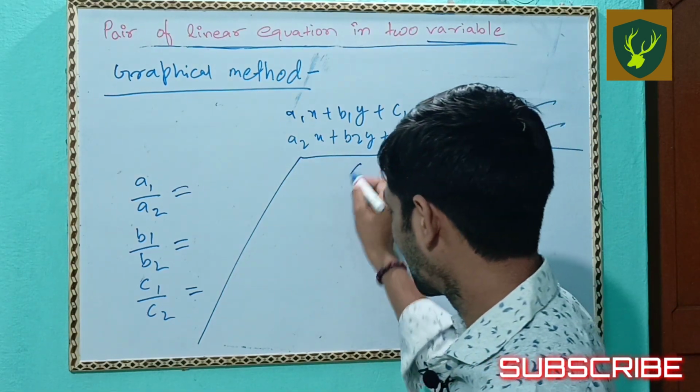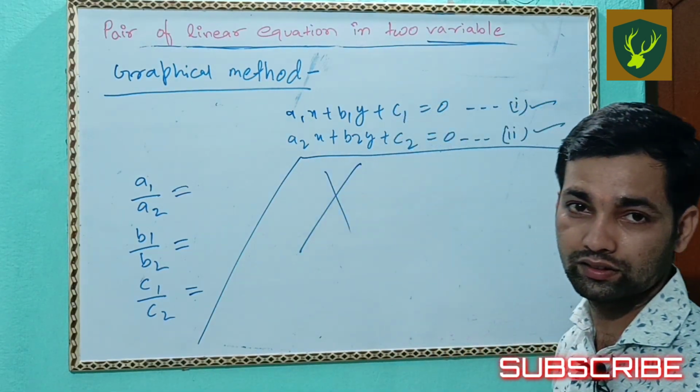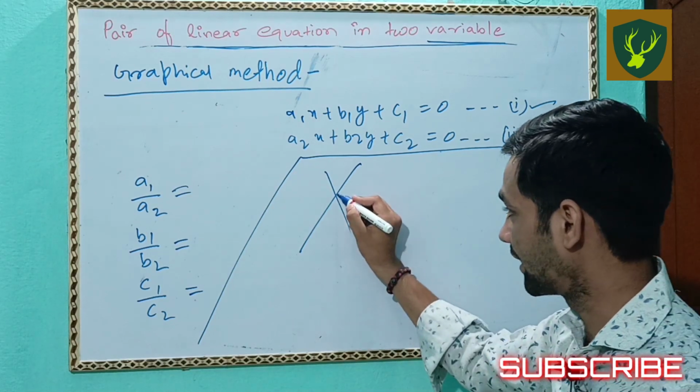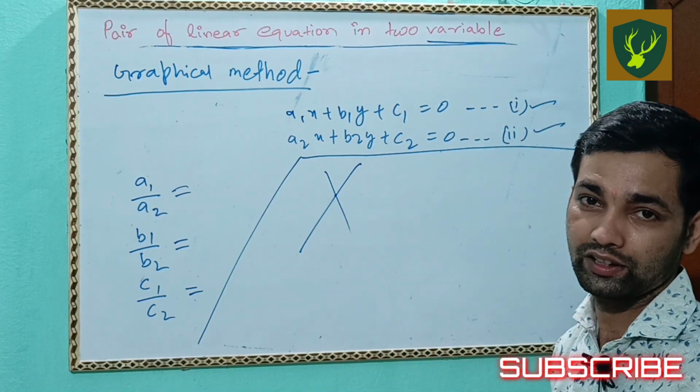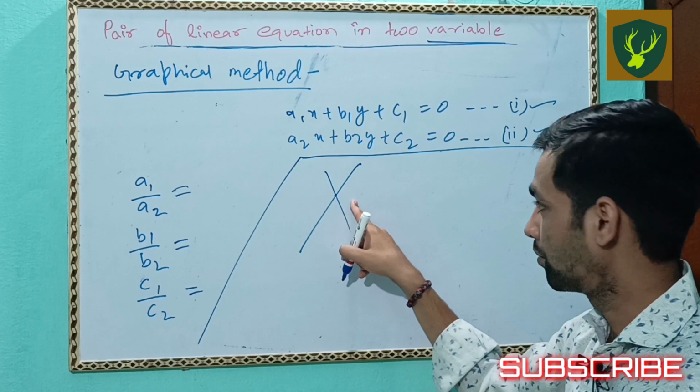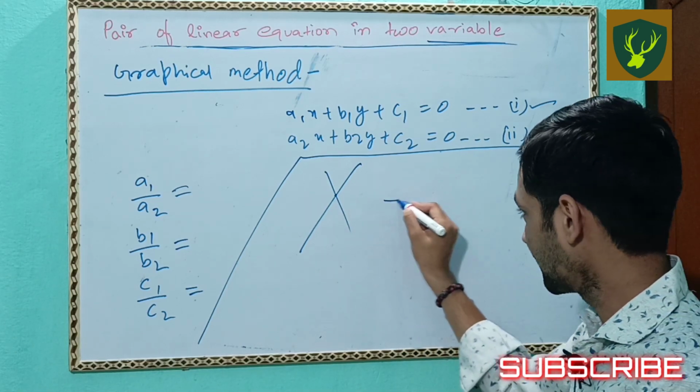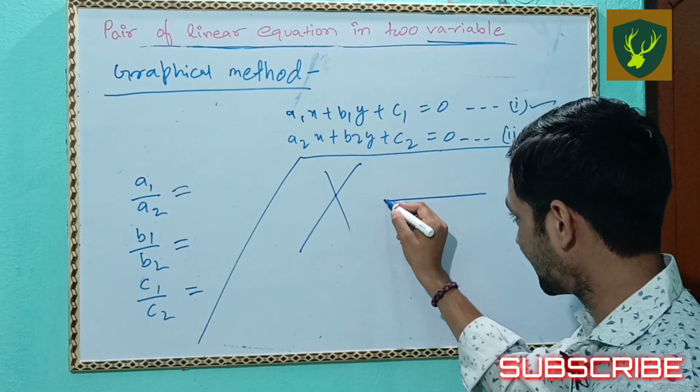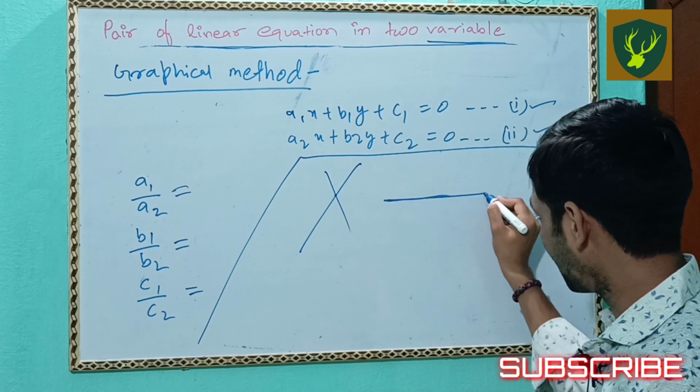Intersecting means the lines will always intersect at a point. Coincident means the line will lie on that line only.